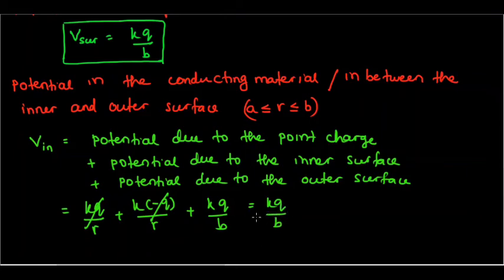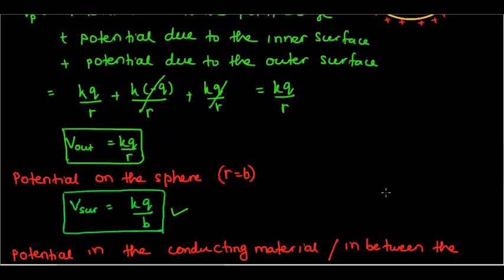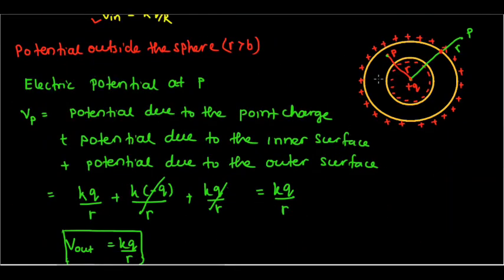So just look at this expression: V surface is equal to k q by b, and V inside is also k q by b. V inside means the potential in this conducting material, in this region. In this region, the potential will be the same.